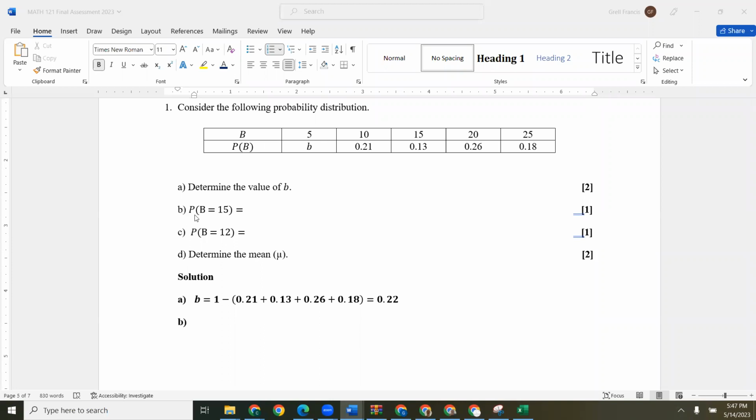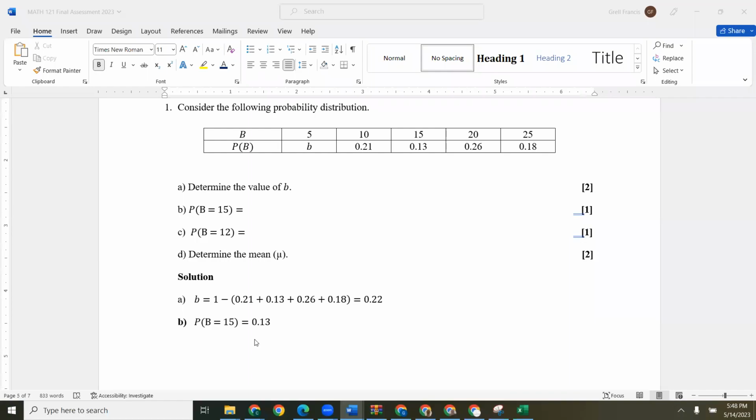Part B says find the probability that B is equal to 15. So the random variable B, what's its probability of being 15? We can get that straight from the table, which is 0.13. So the probability that B is equal to 15 is 0.13.